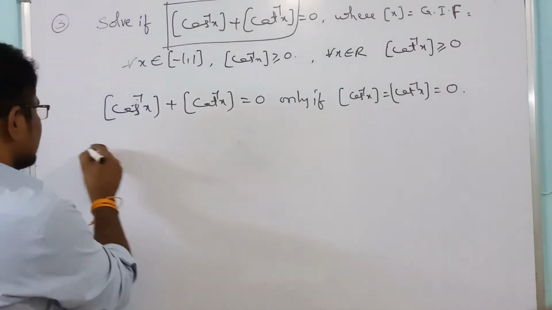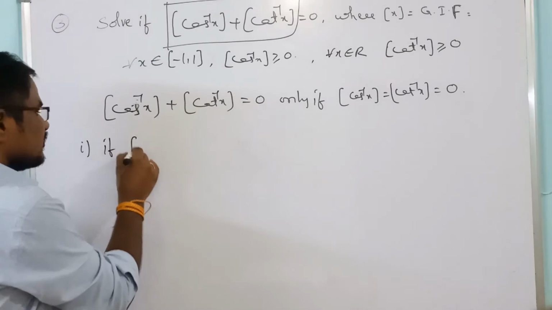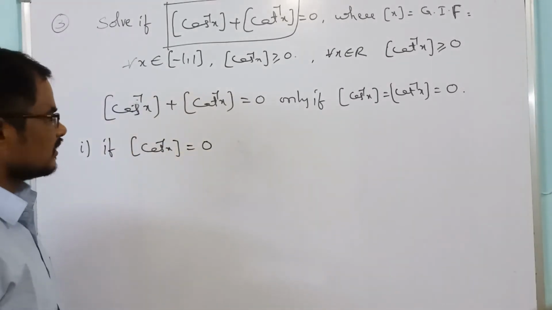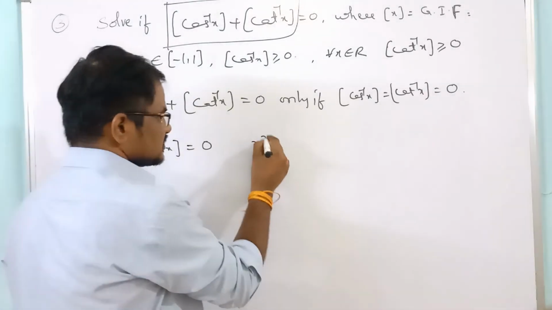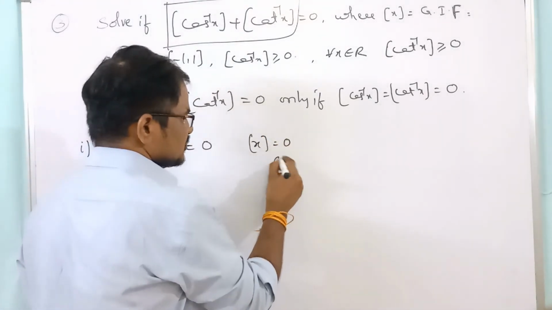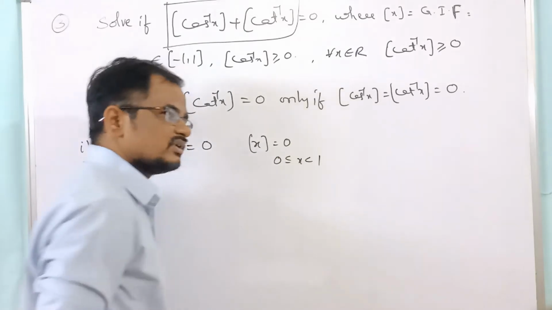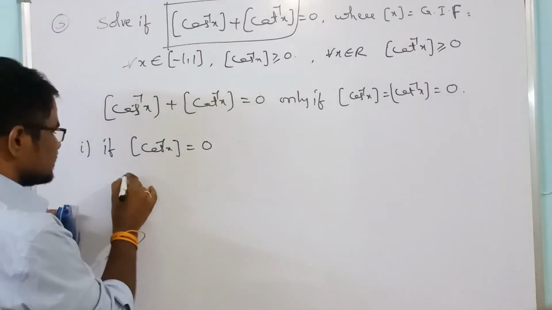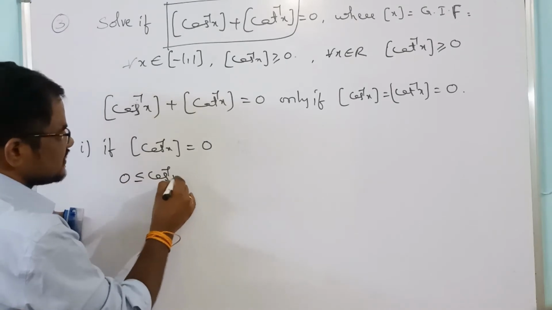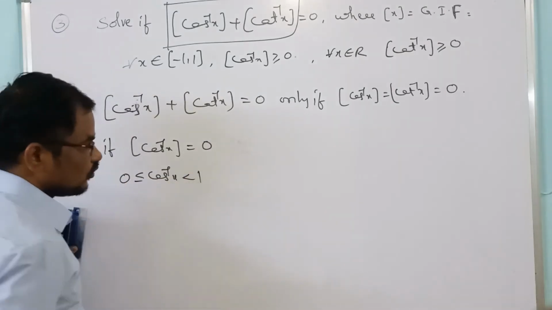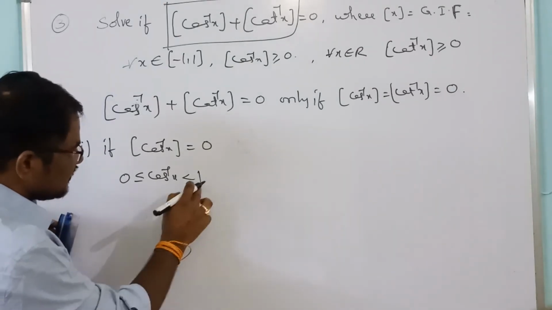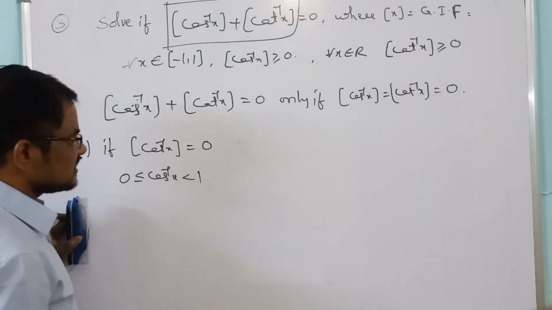Now first one, if greatest integer of cos inverse x equal to 0, we know that means 0 less than or equal to cos inverse x less than 1, right? Now in this interval, is cos inverse x increasing or decreasing?